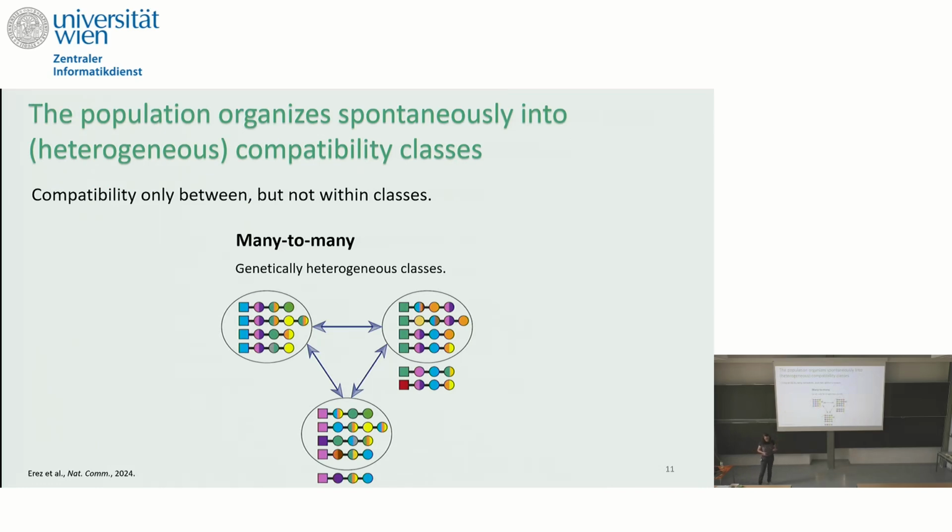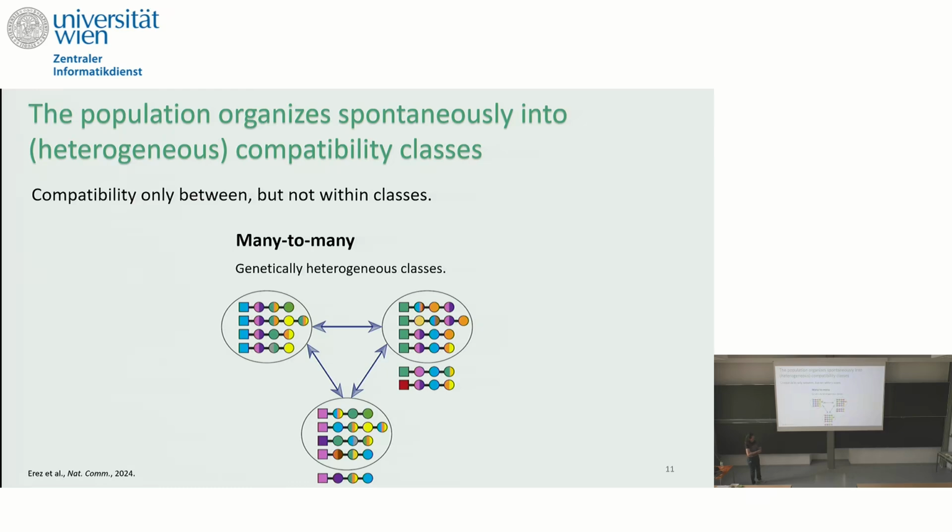One interesting result of this model is that following such a simulation of this population with exactly this life cycle over many generations, the population spontaneously organizes into distinct mating classes or types, very similar to the mating types that we know from nature.